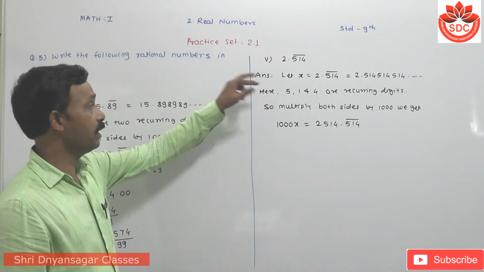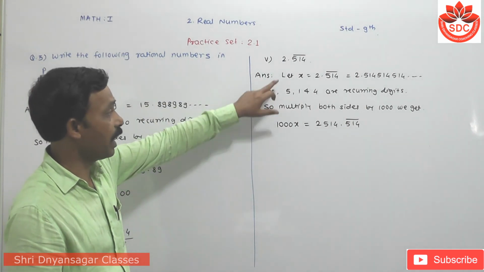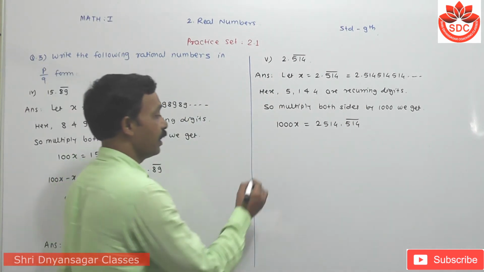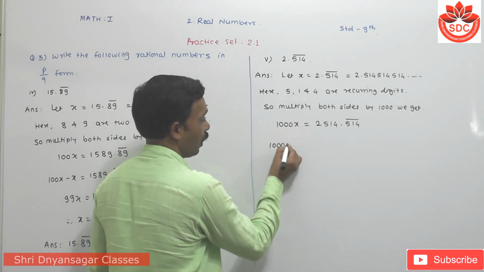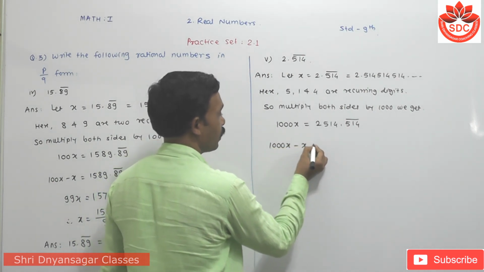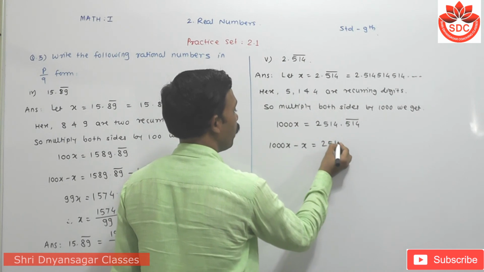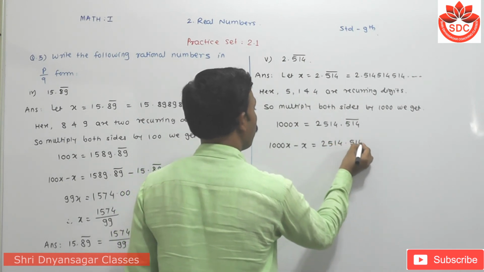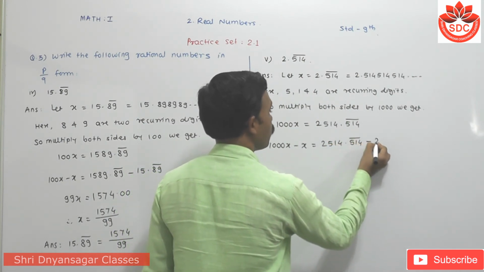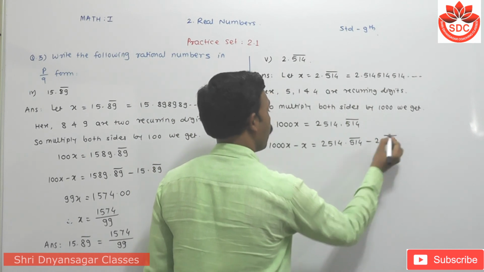Student, we have to express this in p upon q form, so subtract this x from this 1000x. We get 1000x minus x is equal to 2514.514 bar minus 2.514 bar.